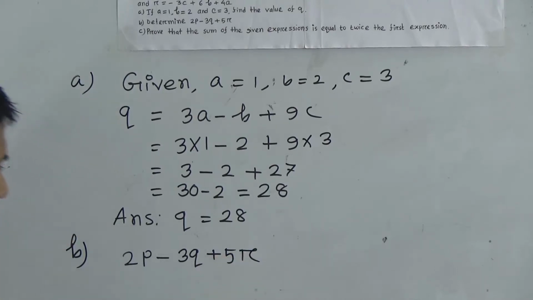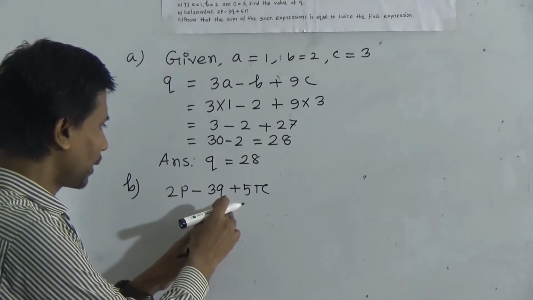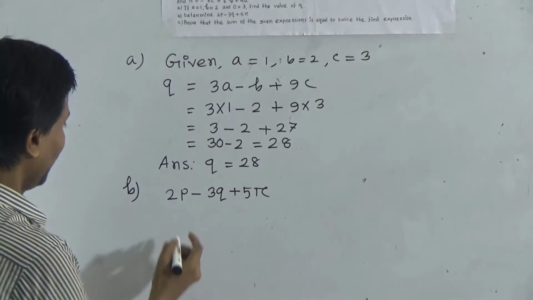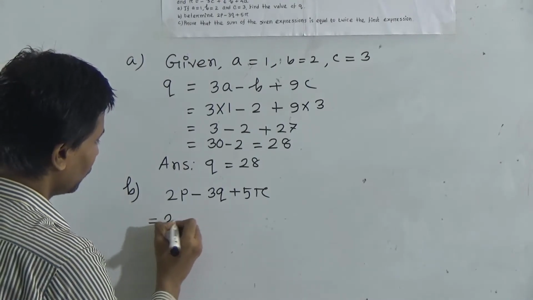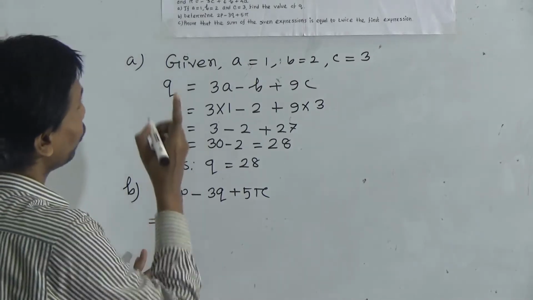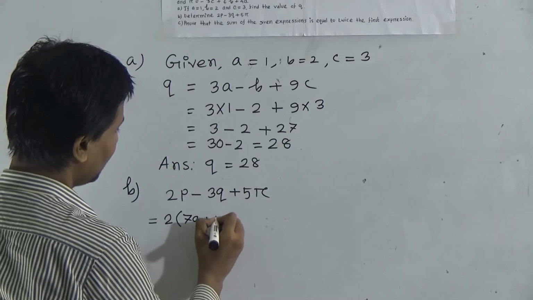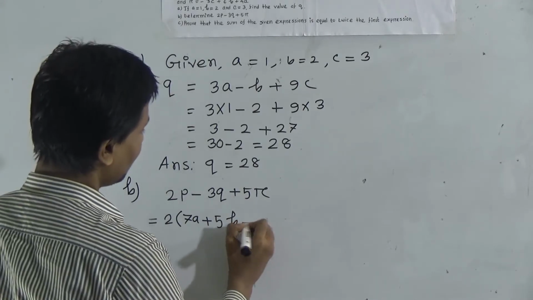Okay. Now you have to put the values of P, Q and R respectively. Give an equal sign and write 2 into P. P equal to what? P equal to 7A plus 5B plus 6C.